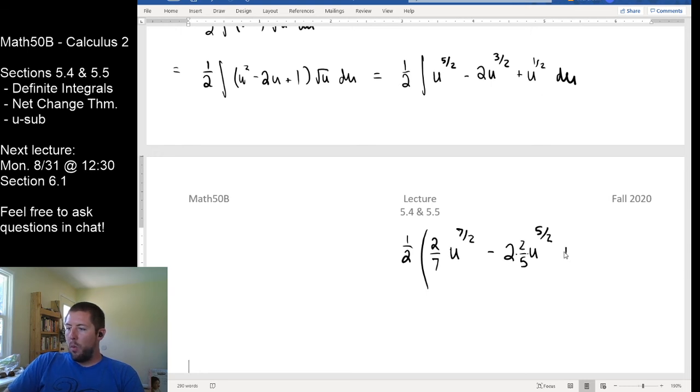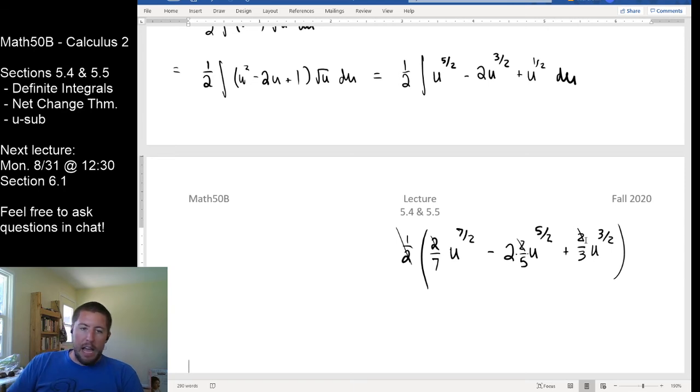I add 1 to 1/2 to get u to the 3/2, but I need to get my reciprocal fraction here of 2/3, so that if I were to take the derivative again, 3/2 would cancel with 2/3, leaving me with 1 as my coefficient again. We're taking a half of all this, so maybe here's what I'm going to do to indicate my 1/2. Half, half, half, half. I applied that 1/2 to everything.